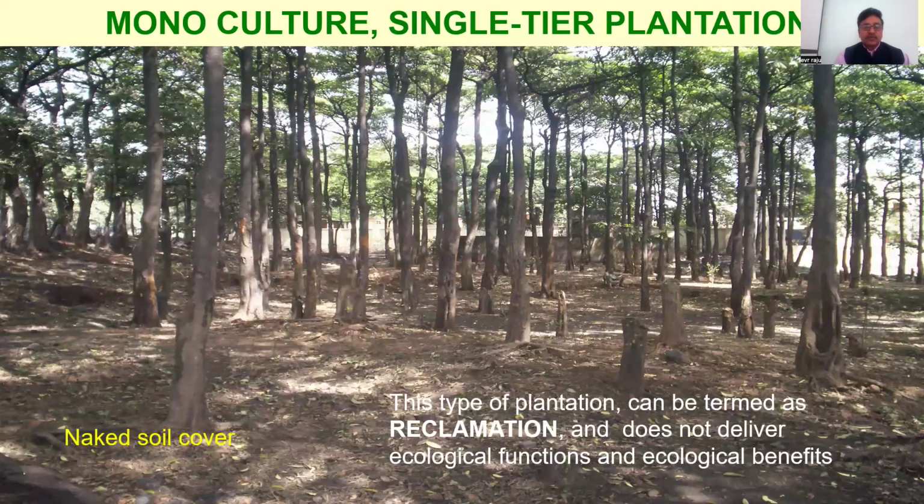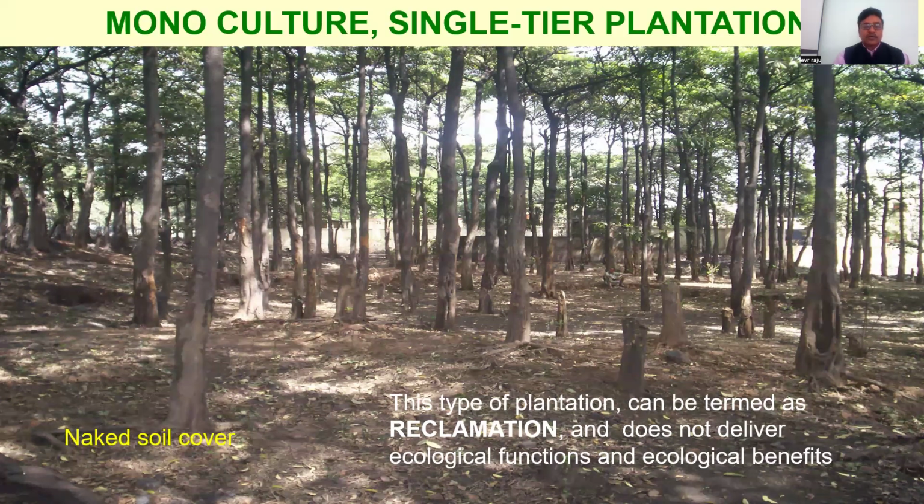Yeah, this is one photograph. This we can call a single tier and monoculture. You find it's only one type of species, only a single species. If you see from the aerial view, you will have a green canopy and it will be green.